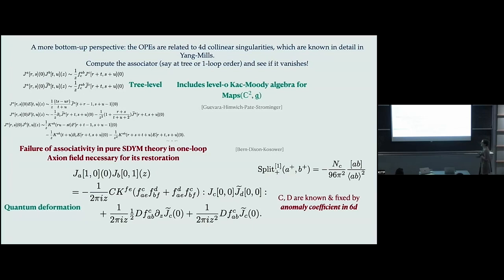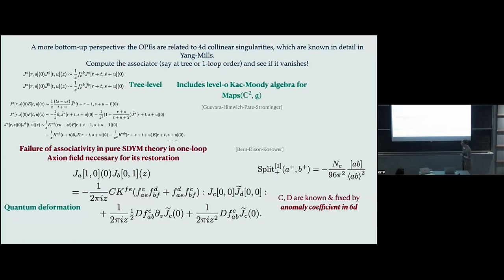Maybe it's not necessary, maybe there's some other mechanism, I don't know for sure, but you get additional corrections which correspond to these normal ordered products arising from the coupling to the axion, which perfectly restores associativity, and the coefficients end up being precisely fixed by that same anomaly canceling coefficient upstairs that restored gauge invariance of the twistorial theory as well.